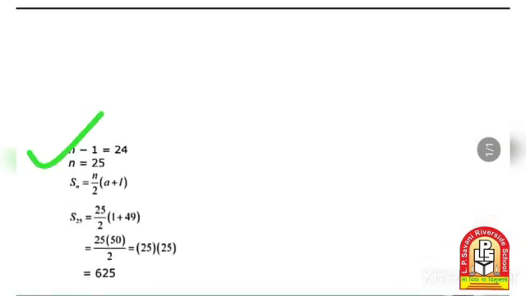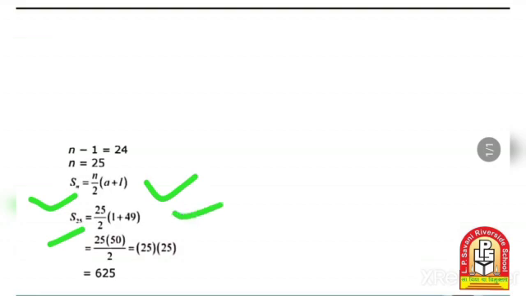Then n minus 1 is equal to 24, so n is equal to 25. Sn is equal to n by 2 into a plus l. S25 is equal to 25 by 2 into the bracket 1 plus 49. So 25 into 50 by 2, that is 25 multiplied by 25, which is 625.